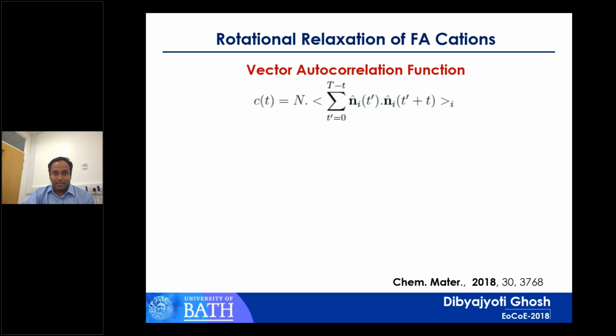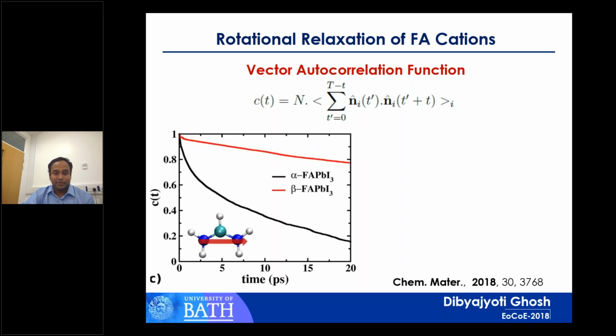We went ahead and calculated the rotational relaxation of formamidinium cations, and for that we calculated the vector autocorrelation function. Physically, the vector autocorrelation function signifies how quickly a particular vector, here a molecular vector, gets randomized. When you start from a particular orientation, how quickly it gets randomized over time gives you the correlation function.